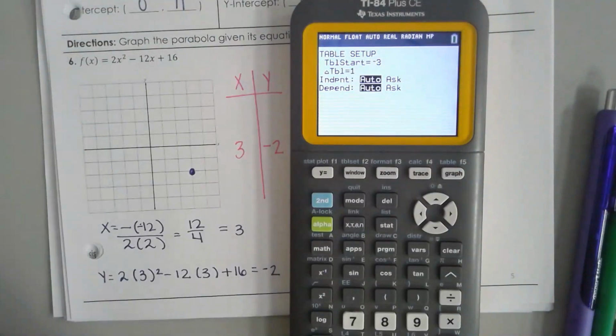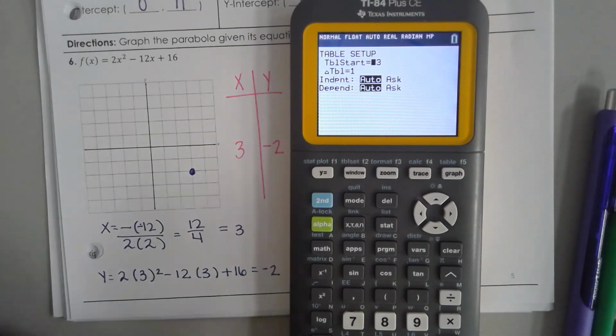You want that to be like -3, -4, -5. If it's something way off, change that. 0 is fine, but some people change it to like 200, and then when you look at the table, you're going to see numbers in the 200s. So change it to a relatively small number. And both of these should be on auto.